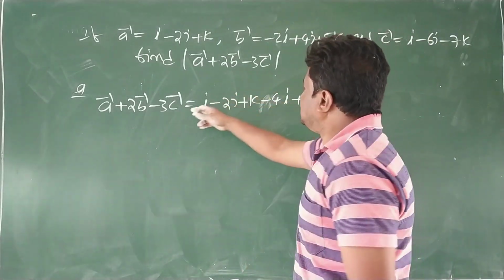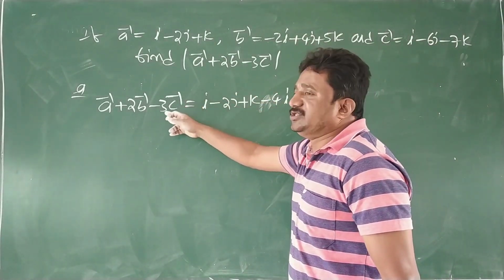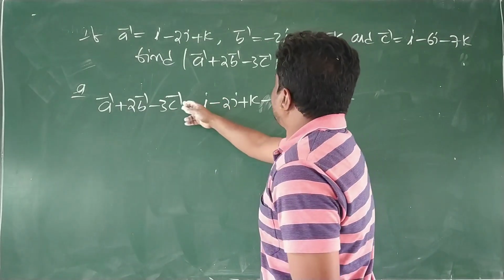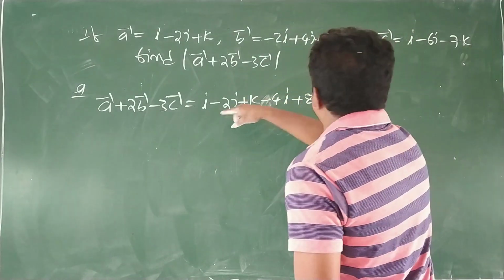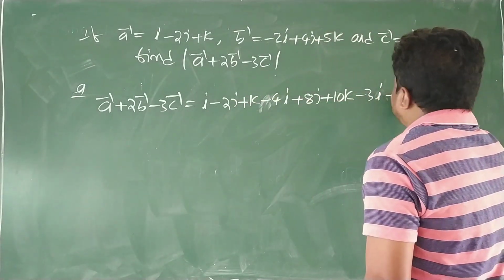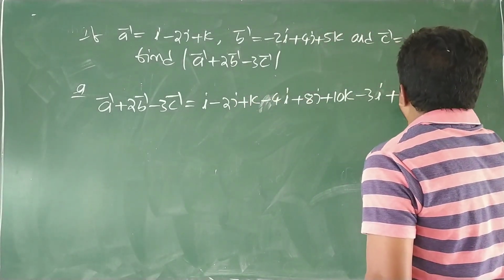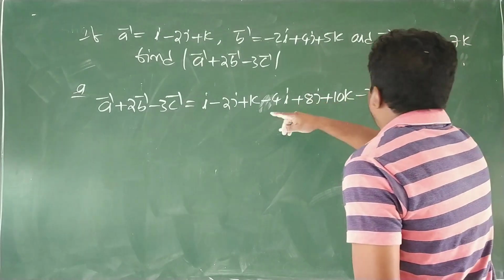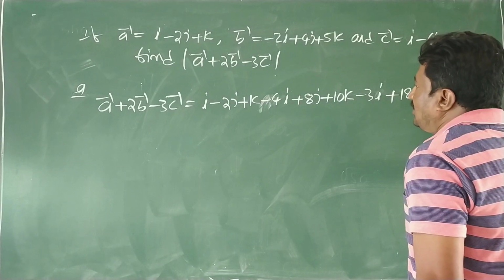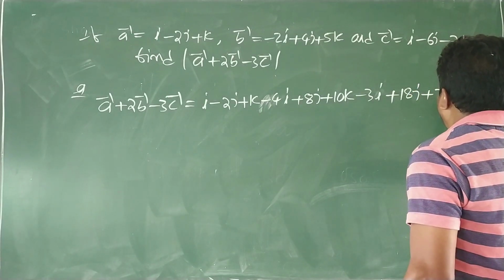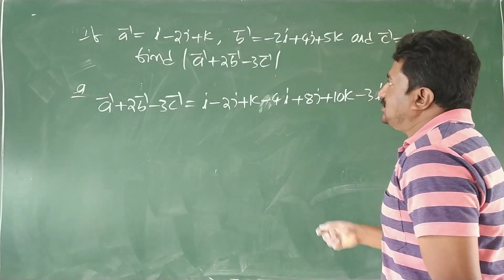Next, minus 3C. Multiply vector C by minus 3: minus 3i, minus into minus plus, 6 3s are 18j, minus into minus plus, 7 3s are 21k. So write, is it correct?